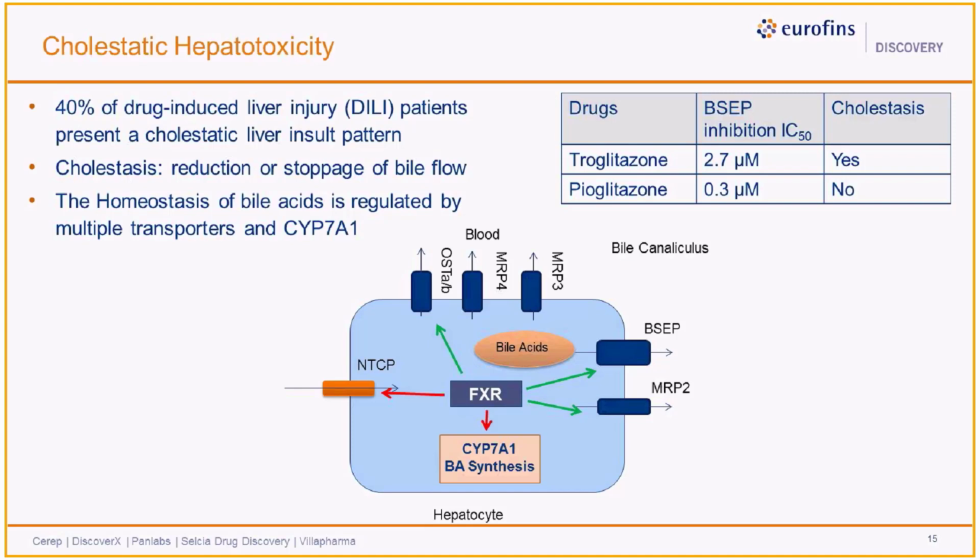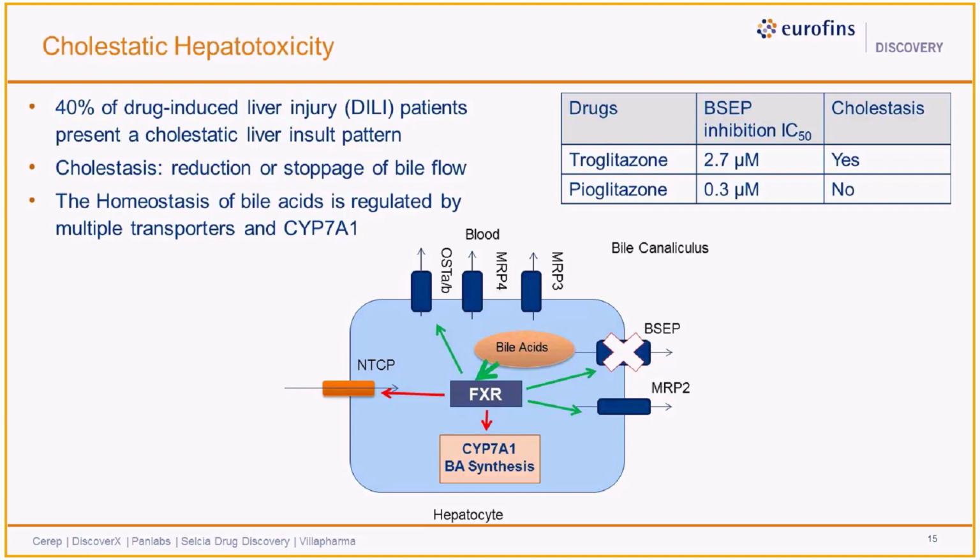When the bile acid level increases in hepatocytes, which may be caused by the inhibition of BSEP, the FXR is activated by the high concentration of bile acid.